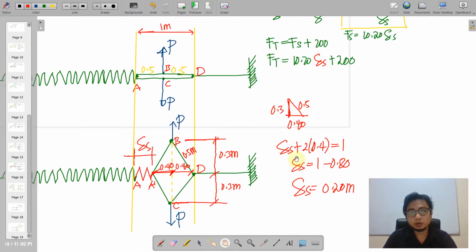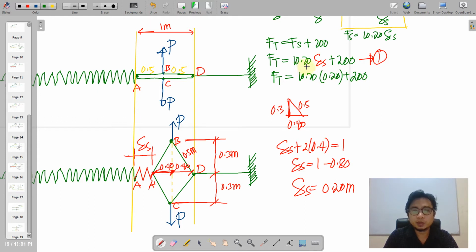So we go back to this equation, wherein we have lived a while ago. Just substitute here and then we can find the final tension in the spring. So we copy that and then we now substitute 0.2 here plus 200.